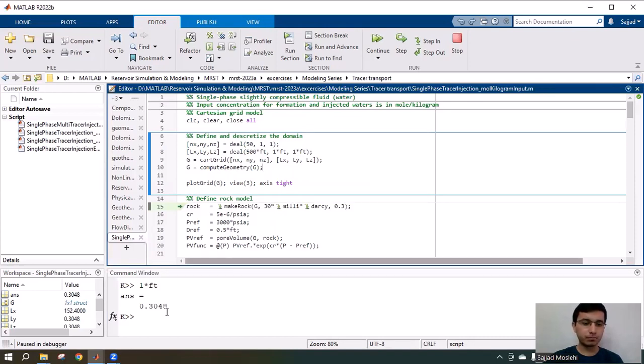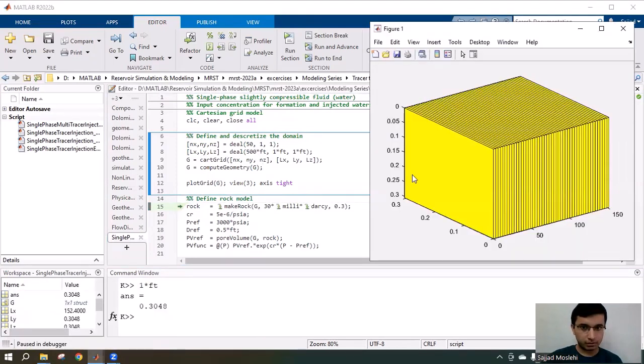Very good. But as you see, the length of the model in the x direction is much, much larger than the other dimensions or directions. But it was not shown here.